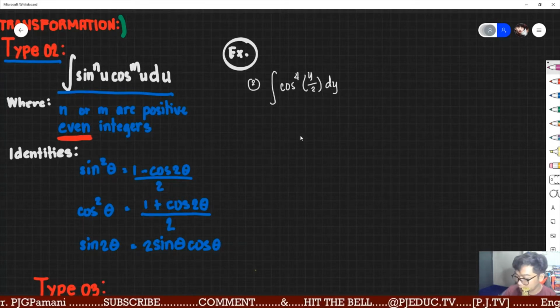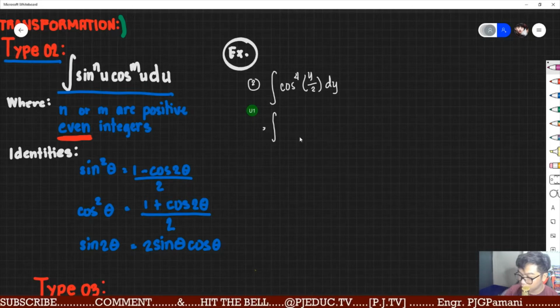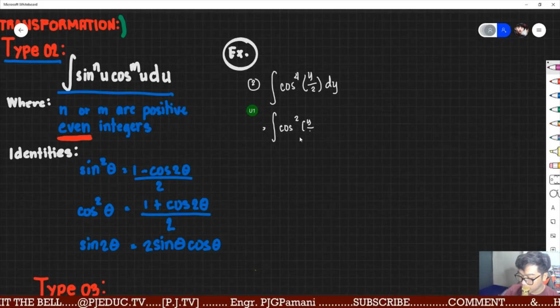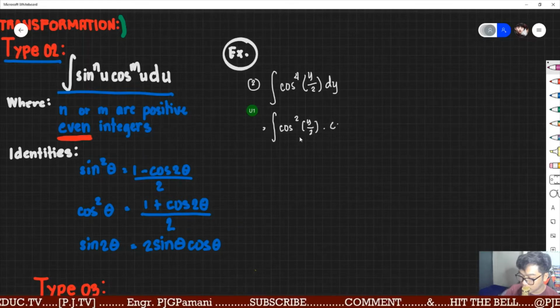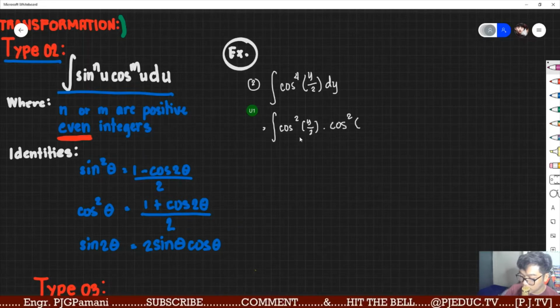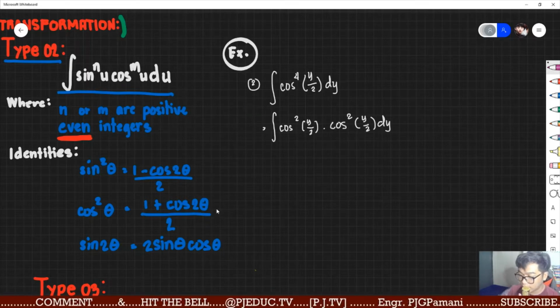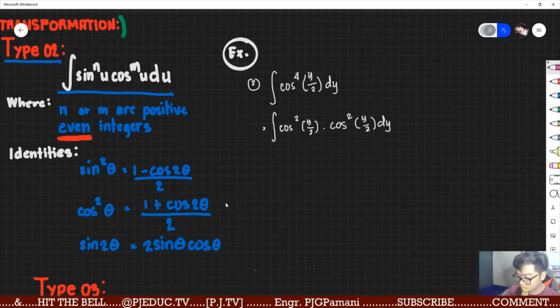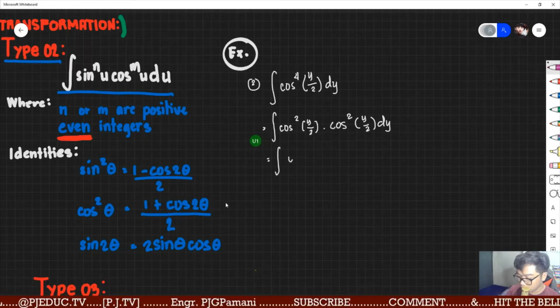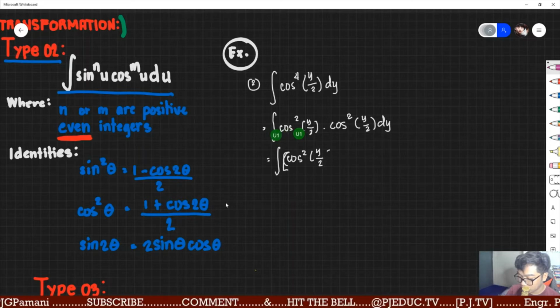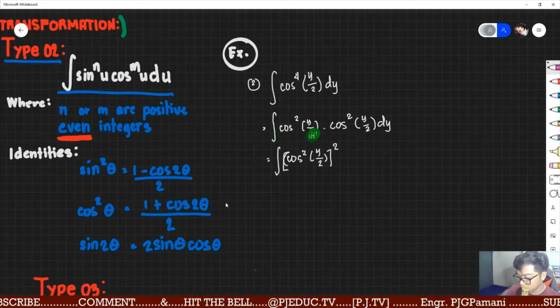So basically, expand natin yung ating function. Cosine raised to the 4th of y over 2 is just the same as multiplying cosine squared y over 2 by cosine squared y over 2 dy. Or, it's just the same as cosine squared y over 2, raised to 2, dy.